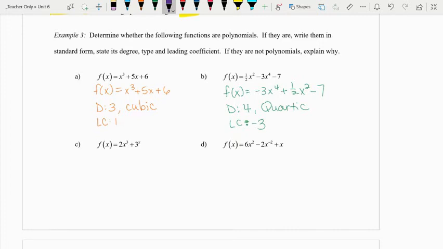Now let's see what's different, and hopefully we recognize that. There is an x as an exponent, so it is not a polynomial. X is an exponent. Can't have that. And then our next one, okay, this is also not a polynomial.